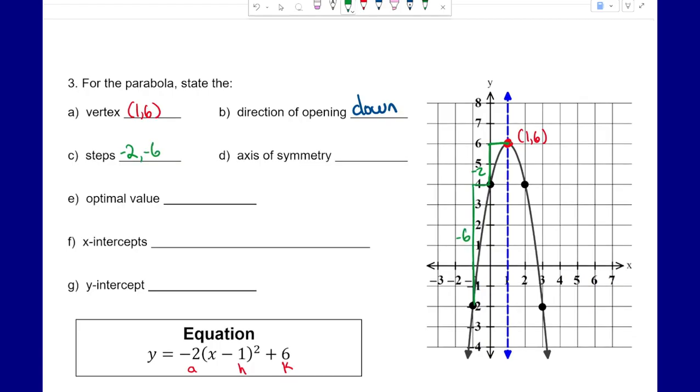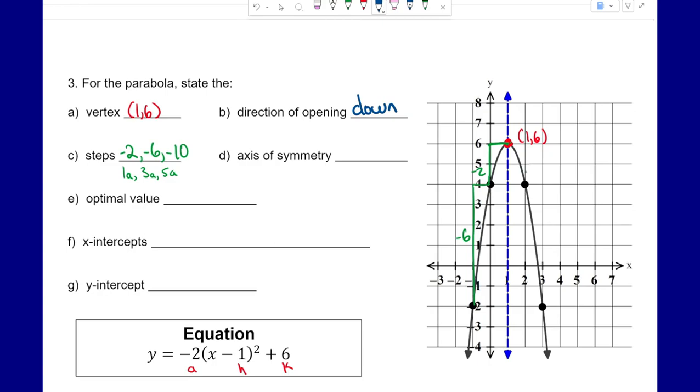So -2, -6. We've dealt with this step pattern a lot, so we might recognize the next step is -10, or because we know the a value of -2, we could use the general pattern 1a, 3a, 5a to figure out the other steps.